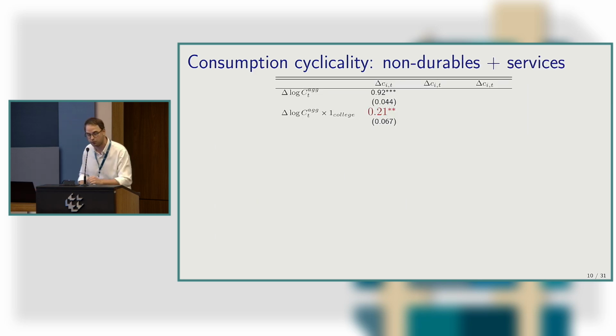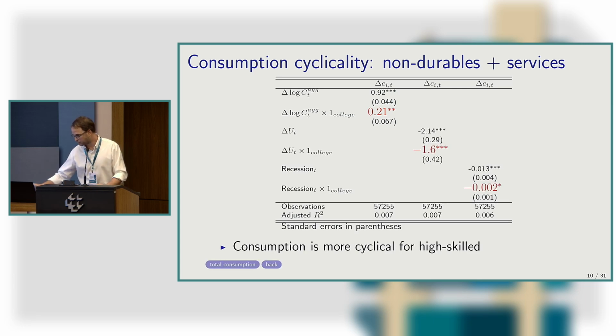And here are the main results. What this table is showing is that when aggregate consumption increases by 1%, consumption on average for low-skilled workers increased by 0.9%, and the consumption of high-skilled workers increased by 1.1%, or 0.21% higher.